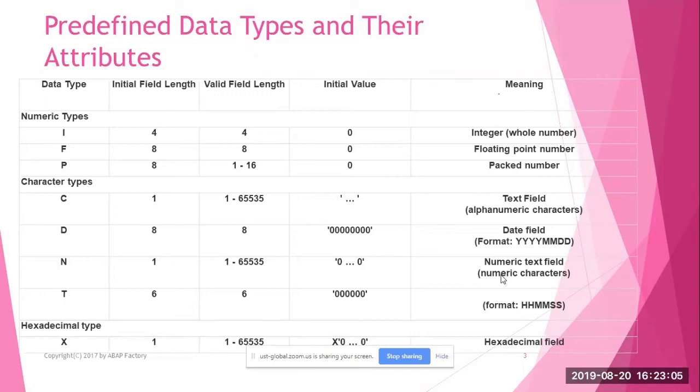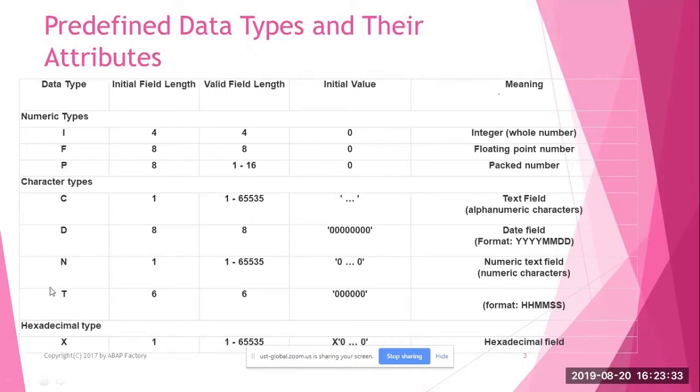Can someone tell me? Telephone numbers. Yes, telephone numbers, PIN numbers. These are all data where only numbers will be there, but which will not be used anywhere in calculations. Okay, so for that kind of requirement, you will be using N.